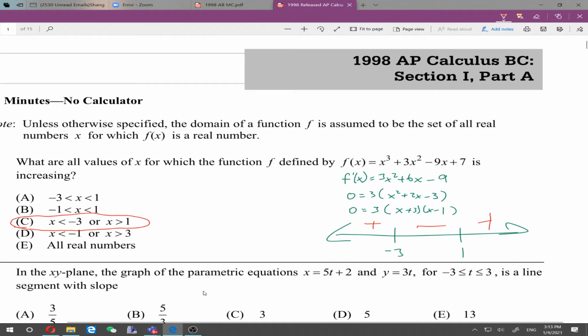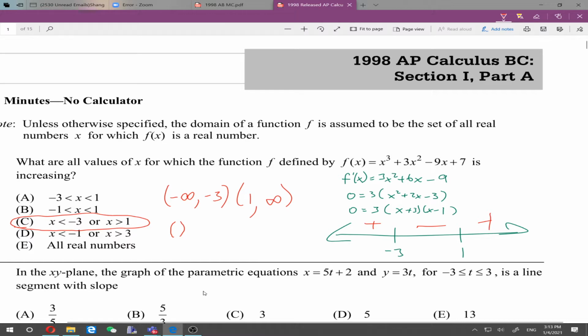It is possible for them to give us this in interval notation, which would be something like this. So from negative infinity until negative 3, where negative 3 is not included, and then from 1, where 1 is not included, until positive infinity.